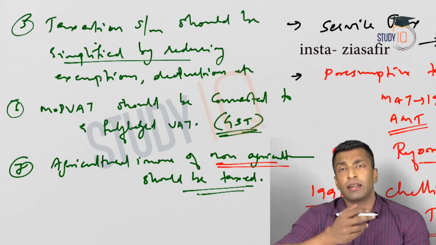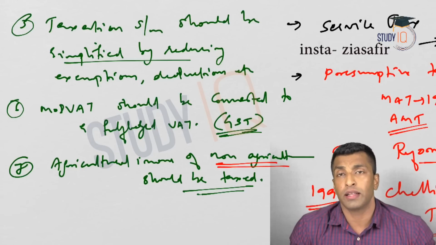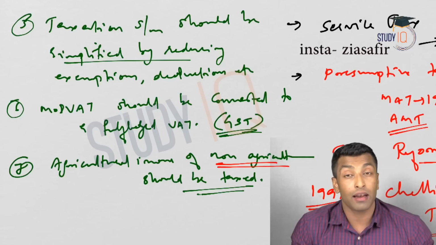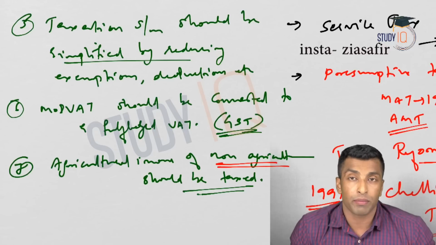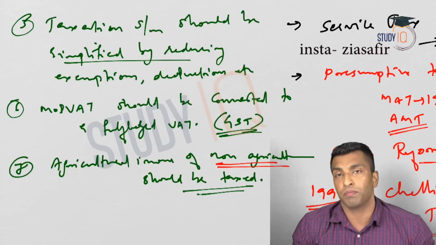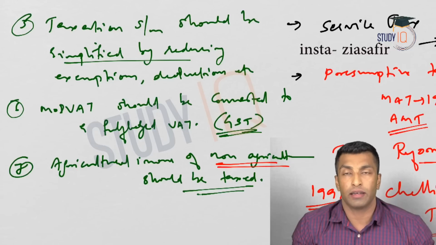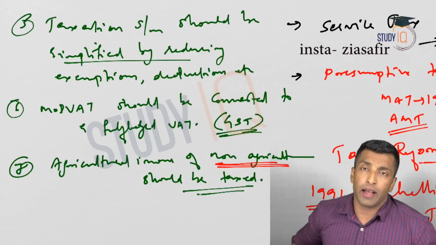So the problem is that they are not agriculturists, and they can claim that their other incomes are agricultural incomes. There is a possibility that black money can be generated. They can make that money white without paying tax by claiming that those incomes were created from agriculture.